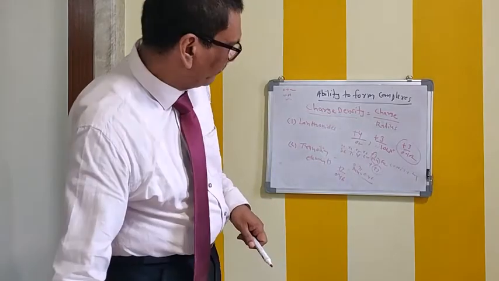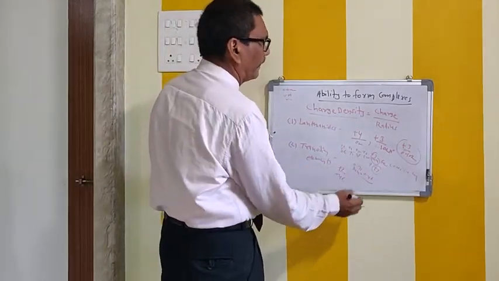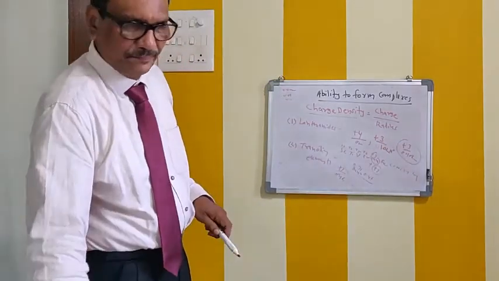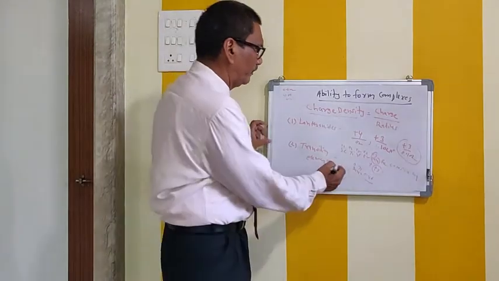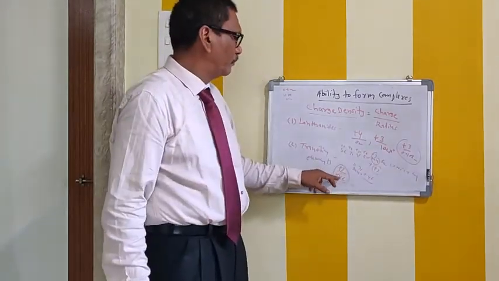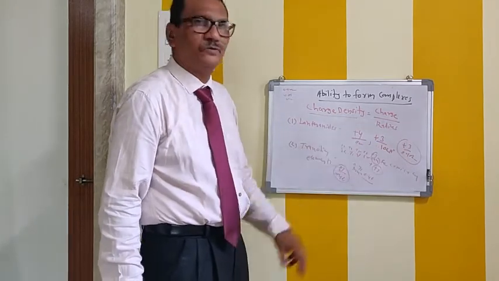Now compare this ratio and this ratio. Which will be higher: plus 7 upon 0.46, or plus 3 upon 0.102, or plus 4 upon 0.102?